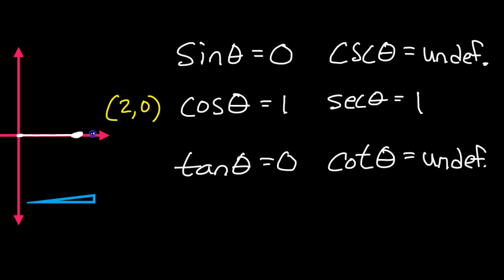But by thinking of this flat line as a really tiny triangle that both has a radius of 2 and an x value of 2, and just with a y value of 0, it does lead you to come up with the correct trig functions. So I think it's a useful thought experiment, even though it's completely invalid in the real world.